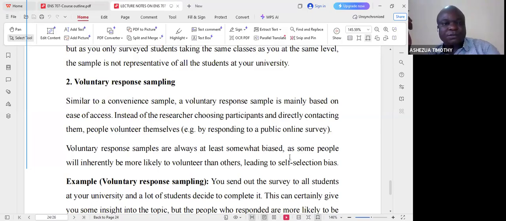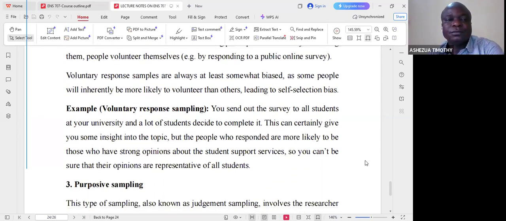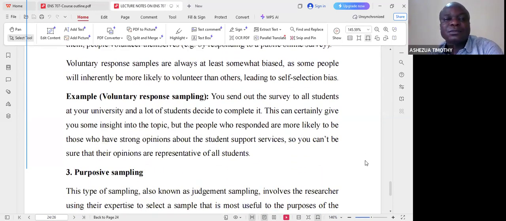We call it a voluntary response survey, and it is always at least somewhat biased. Some people will inherently be more likely to volunteer, leading to self-selection bias. As an example, you send out a survey to all your university and a lot of students decide to complete it.